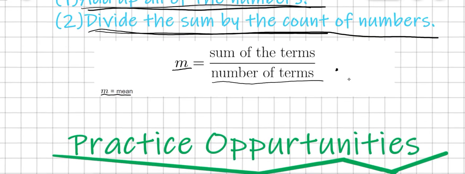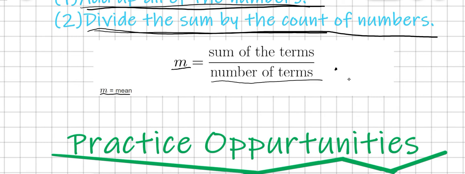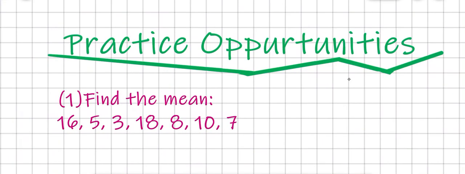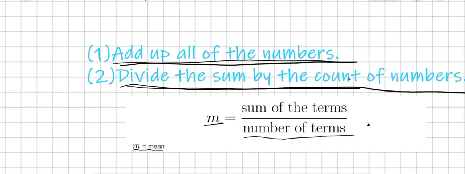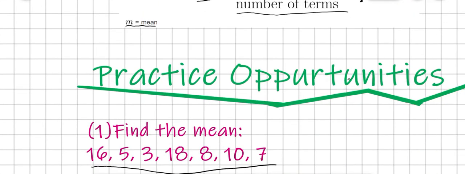Now that's done, let's go on and do some practice opportunities. I call these practice opportunities because these are opportunities for us to practice what we've just learned and become familiar with it. Question 1, find the mean. And then they give us these 7 numbers. So if we refer back here, it says add up all the numbers.